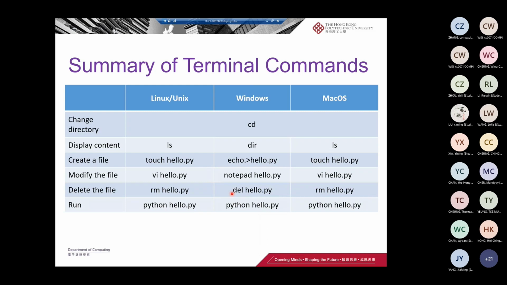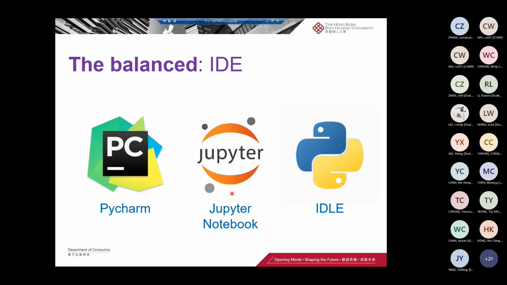If you're trying to program on different devices, like what I have done for Raspberry, you've got to use the command line. So it's the best choice. But in between, to make it easier, you could have an IDE to help you to program.